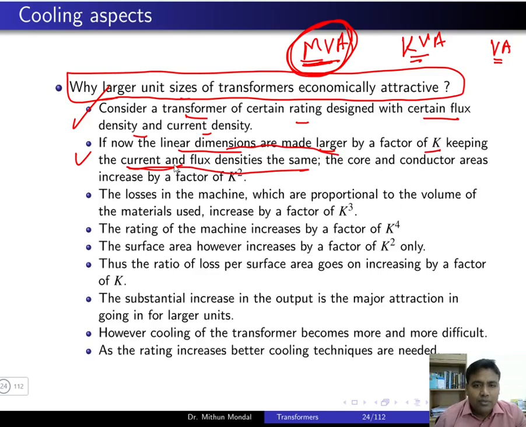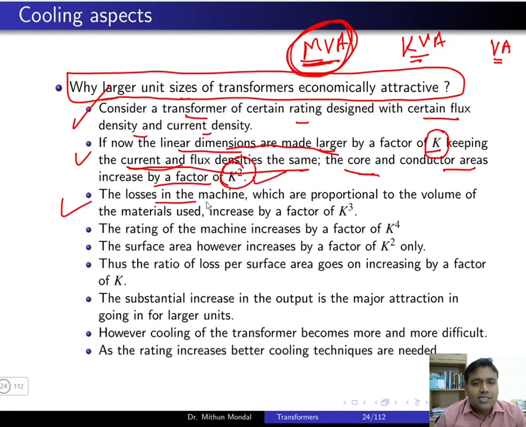The core and conductor areas increase by a factor of K square.